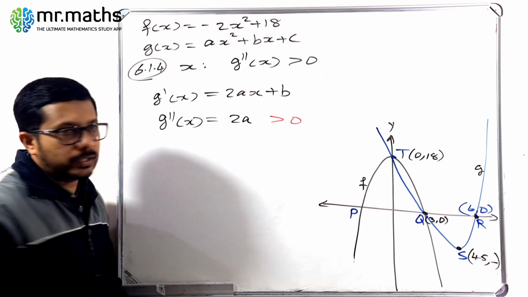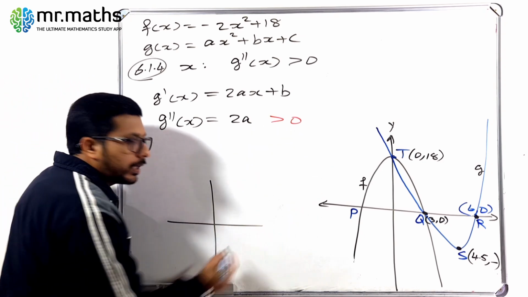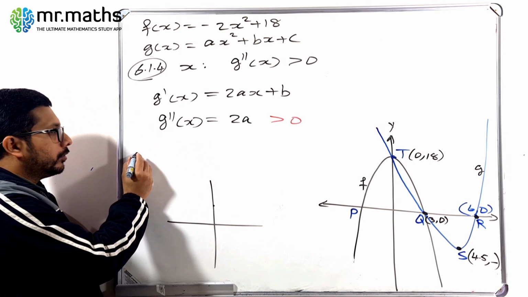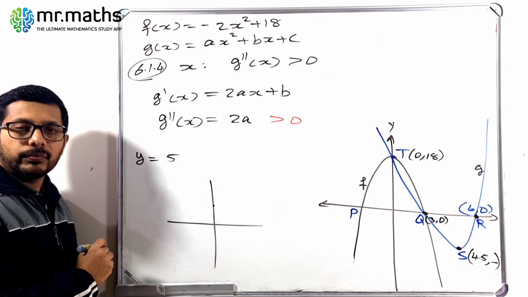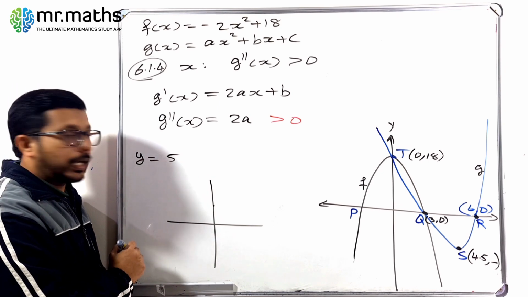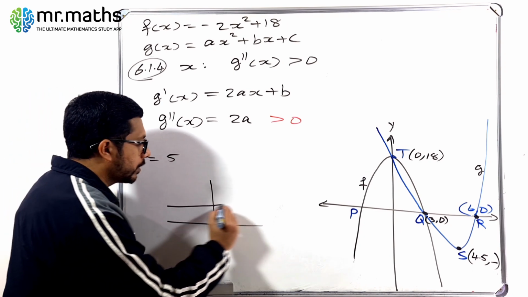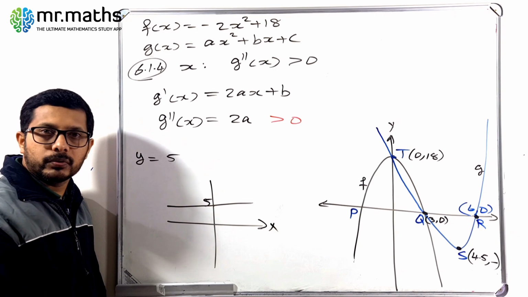Before I write the answer, try to understand like this. Listen here, this is the x and y axis. If I want to draw the graph of y is equal to 5, how can you draw? Y is equal to 5 means assume that this is the point 5 on the y-axis.